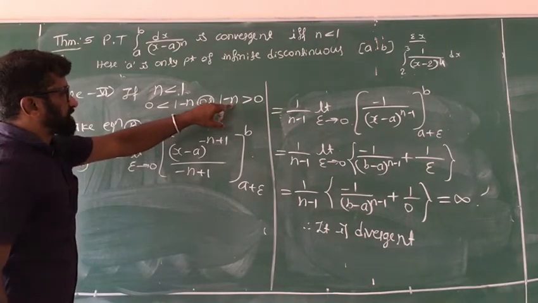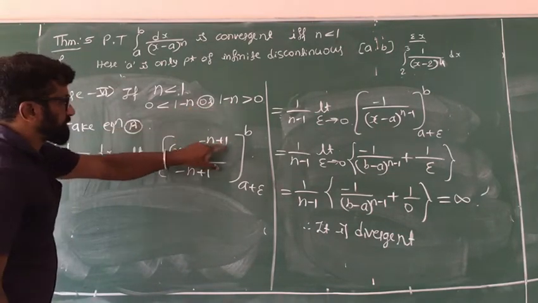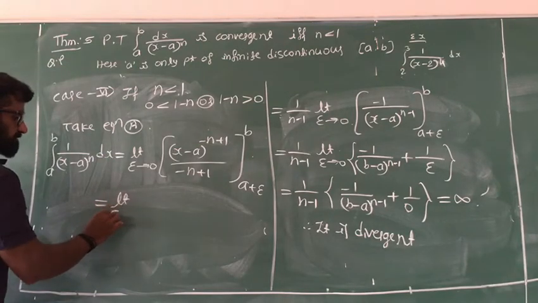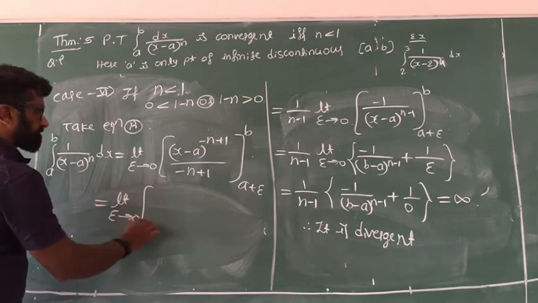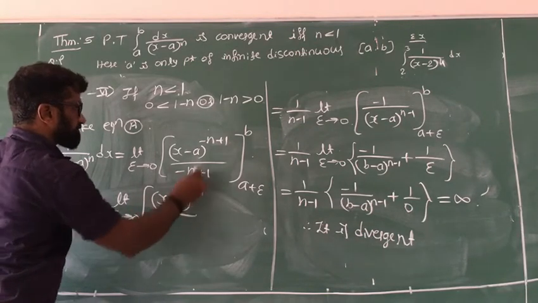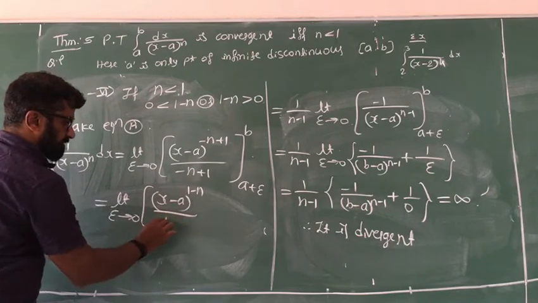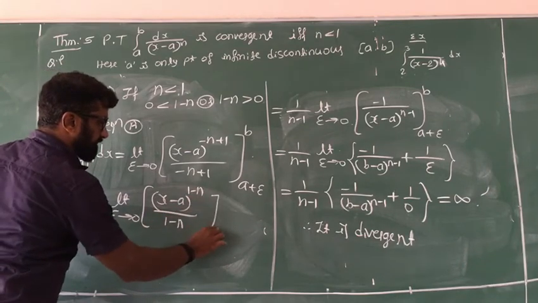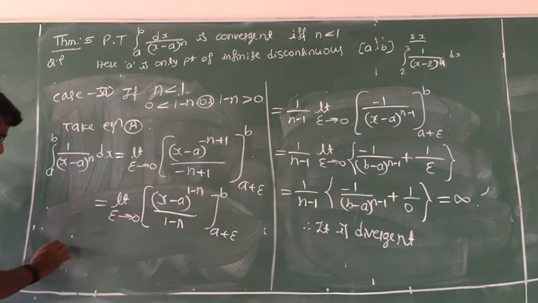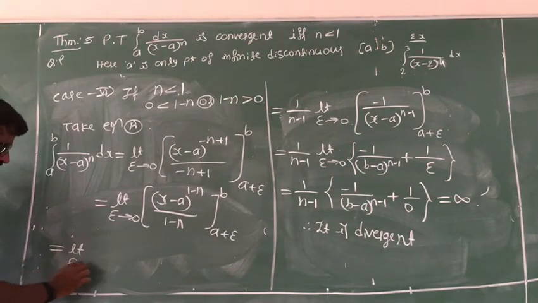To get 1 minus n, we have to reverse it. Rewrite this: limit of epsilon tends to 0, x minus a raised to 1 minus n, divided by 1 minus n, from a plus epsilon to b. Substitute upper limit minus lower limit. So limit of epsilon tends to 0.